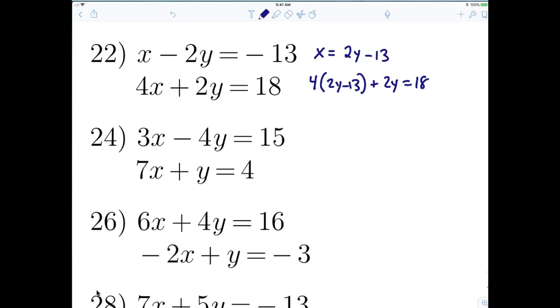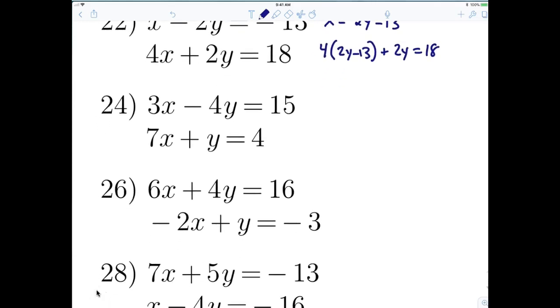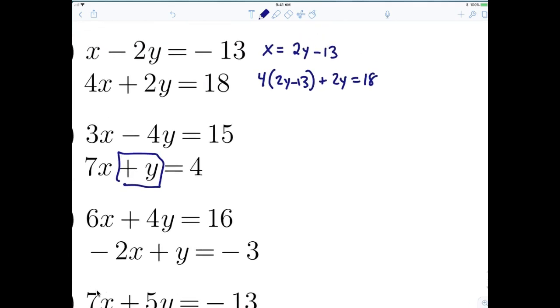Listen, just like on number 24, do I want to do the top one or the bottom one? Of course, because there's a single y right here. You're looking for a single y. Everybody good with that? Just like a single y, or a single x. All right, let's go back up here now. Let's distribute.